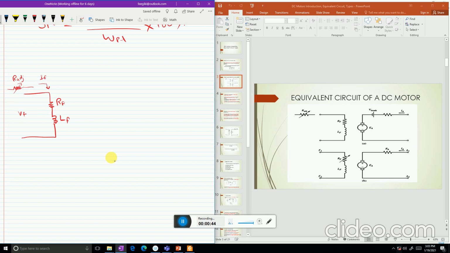This is the field circuit, and this one is the armature circuit, in which the armature voltage is represented by EA.